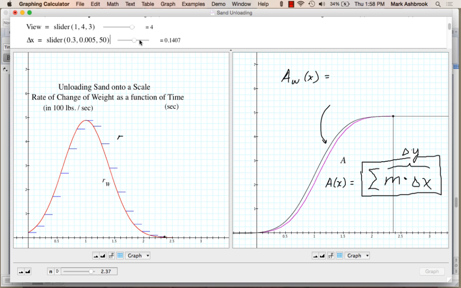All right. So with a smaller delta x, what happens to the rate function? The approximate rate function does a better job mimicking the real rate, and so therefore the approximate accumulation function is going to be better. So going to get closer.